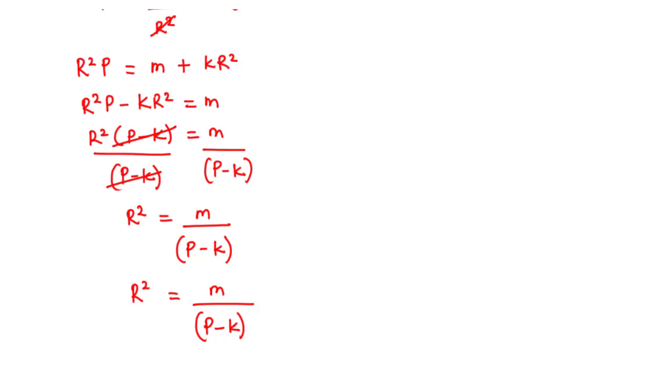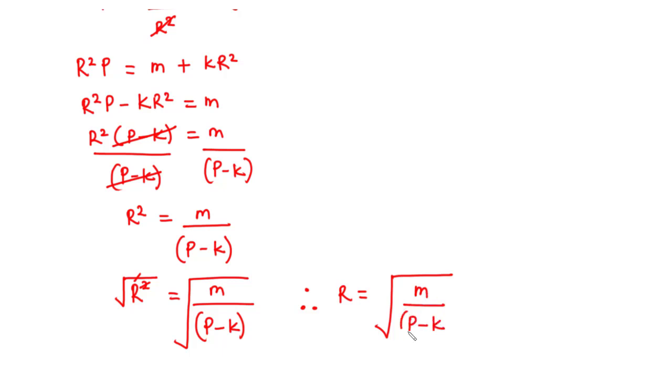We have square root of r squared and square root of m over p minus k. The square cancels the square root. Therefore we have r equals the square root of m over p minus k.